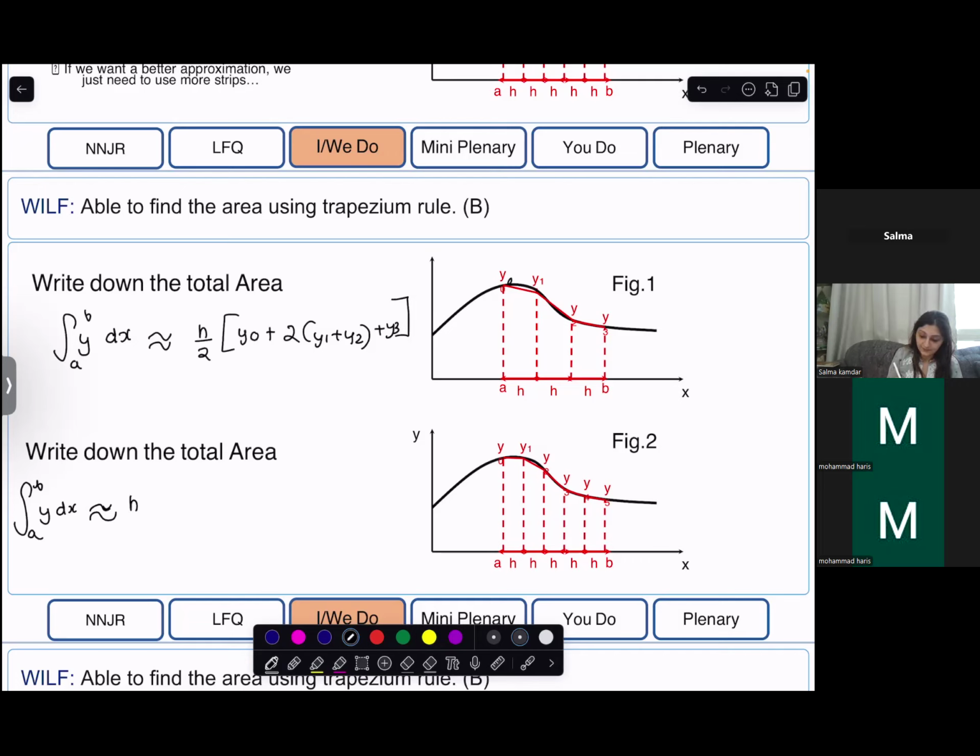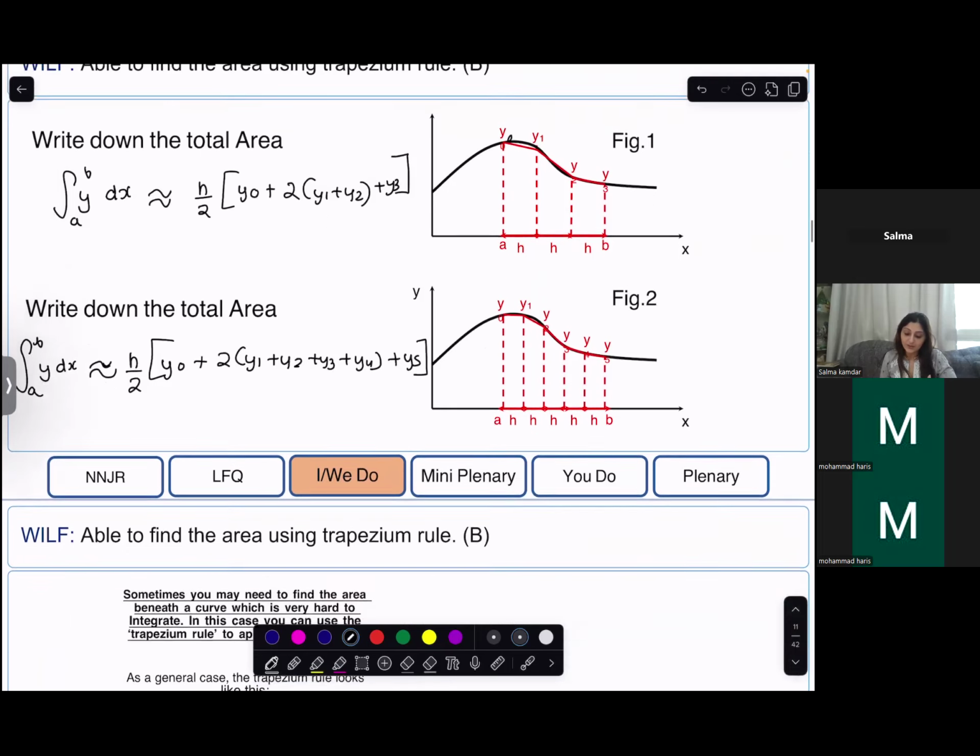Approximately equal to h divided by 2 into y0 plus 2 times y1 plus y2 plus y3 plus y4, close brackets, plus y5, and then you close the brackets. So this is approximately equal to this.